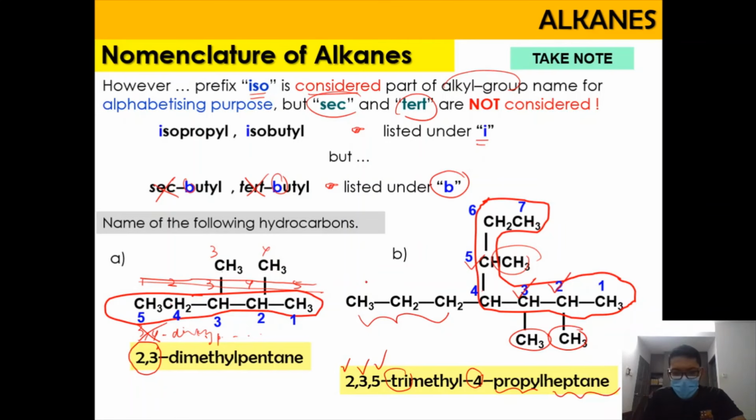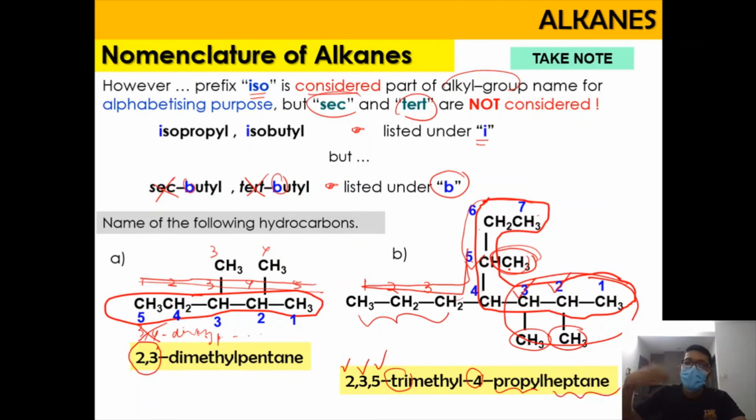Alright, and at the same time, for this case, you can also do the numbering here, 1, 2, 3, 4, 5, 6, 7. Okay, if you follow this way, you will have fewer substituents, only 1 and 2. So you cannot do the numbering from here because you will have only two substituents.